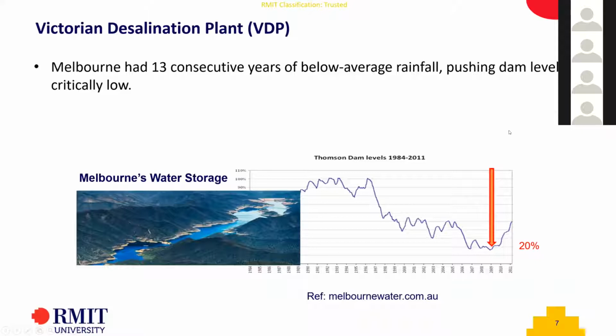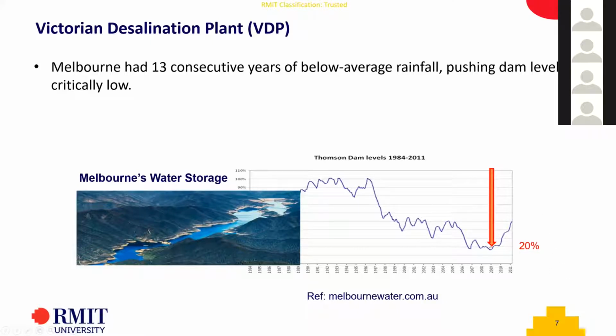Just to give you an example, what were the main considerations behind Melbourne's Victorian desalination plant. As in many other parts of Australia, Melbourne experienced 13 consecutive years of below average rainfall. And this has resulted in historically low water storage, as you can see from this chart.